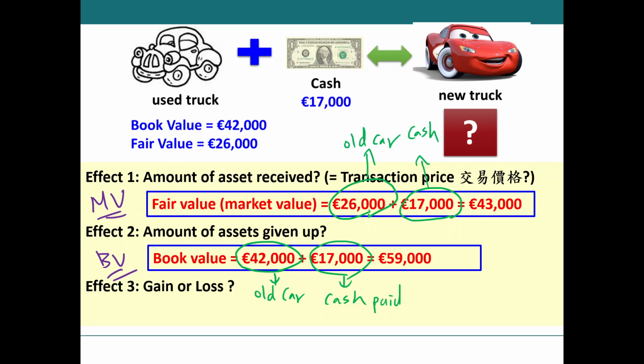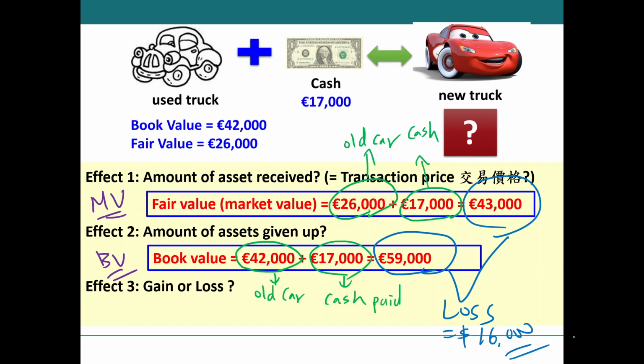What do you think? You pay more, you got less. So this should be your loss, right? So compare these two numbers. You note this is your loss. How much? $16,000.